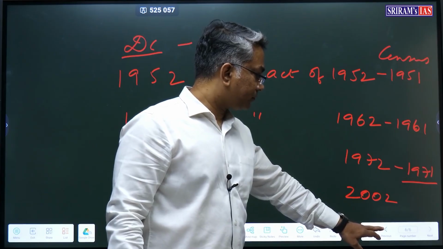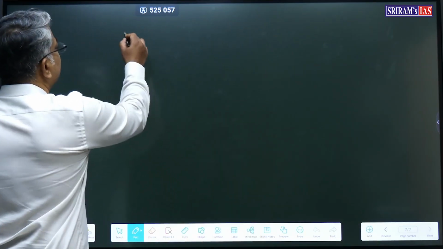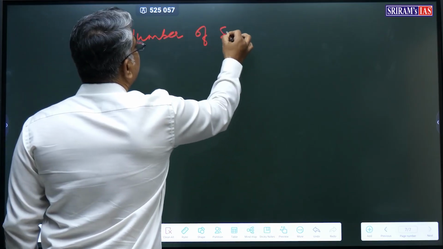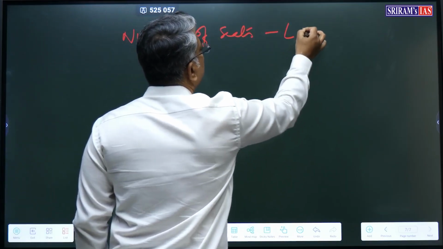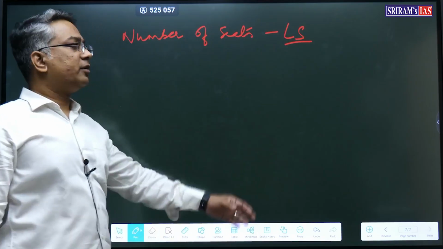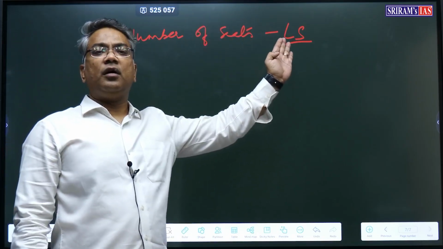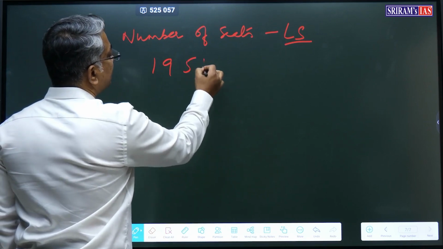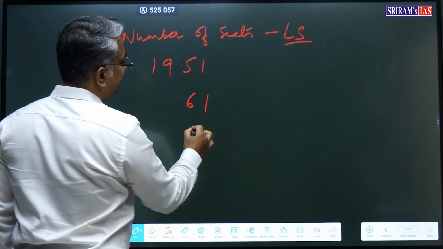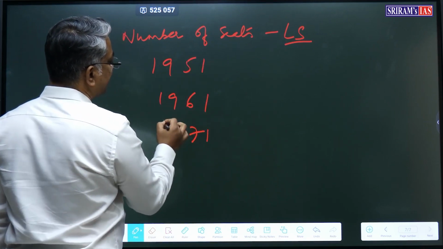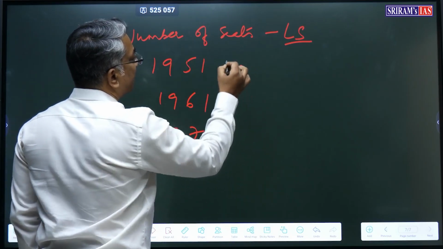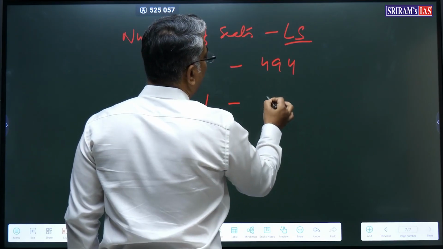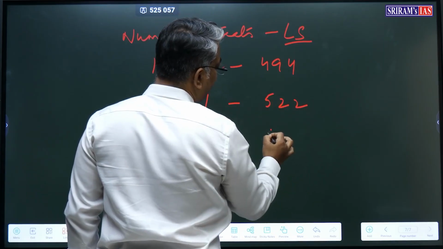Now, the number of seats in Lok Sabha on the basis of the 1951 census, 1961 census, and 1971 census are fixed at 494, 522 and 543.